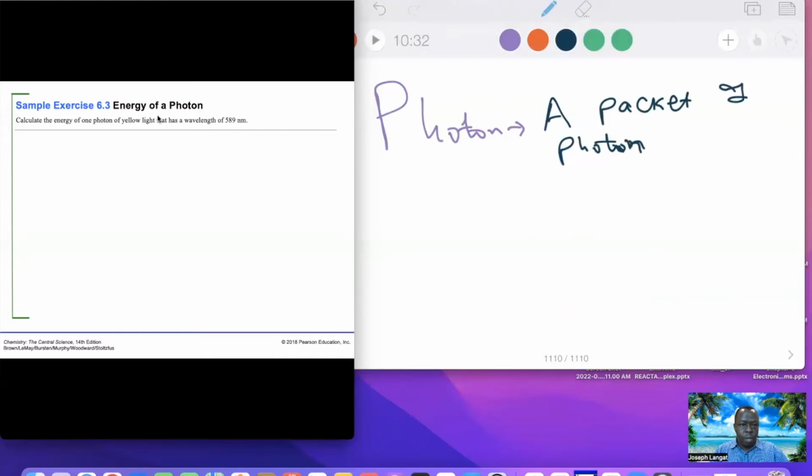So here, calculate the energy of one photon of yellow light that has a given wavelength.